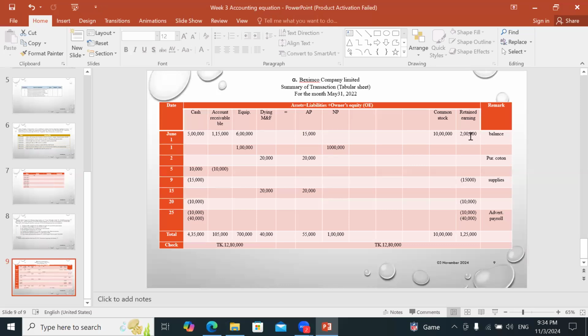Please explain, sir, about it. Retained earning is on the liability side because it is like common stock.